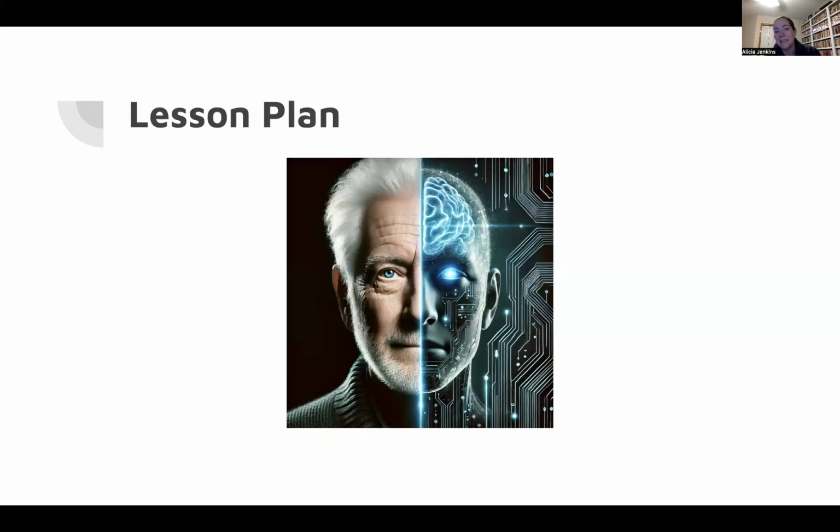In this lesson, essentially, just to summarize it really quickly, the students are going to talk about what AI is, talk about how it can be used inappropriately, and then they're going to have an opportunity, with the teacher modeling, to use a summary that they have already created of one of the chapters, and then have AI create a summary, and then use a Venn diagram to compare and contrast.